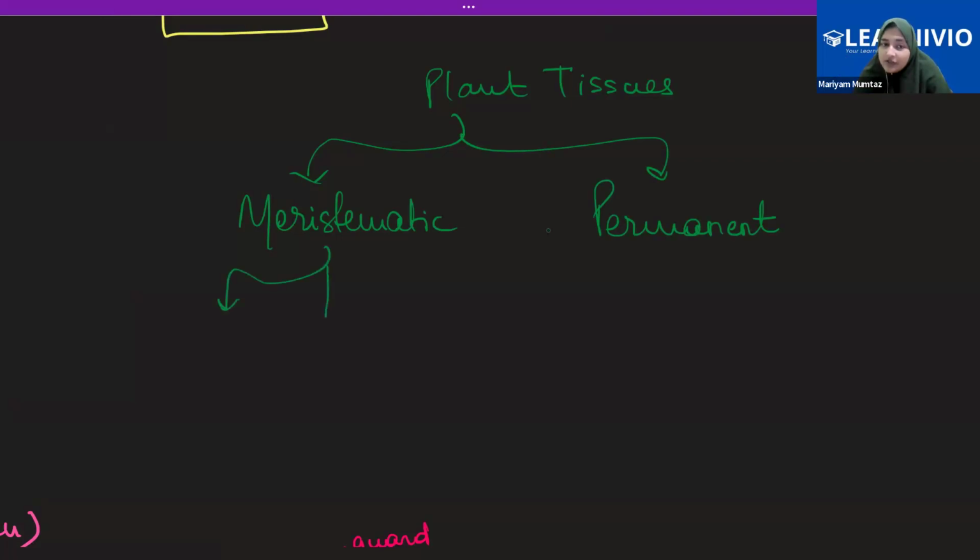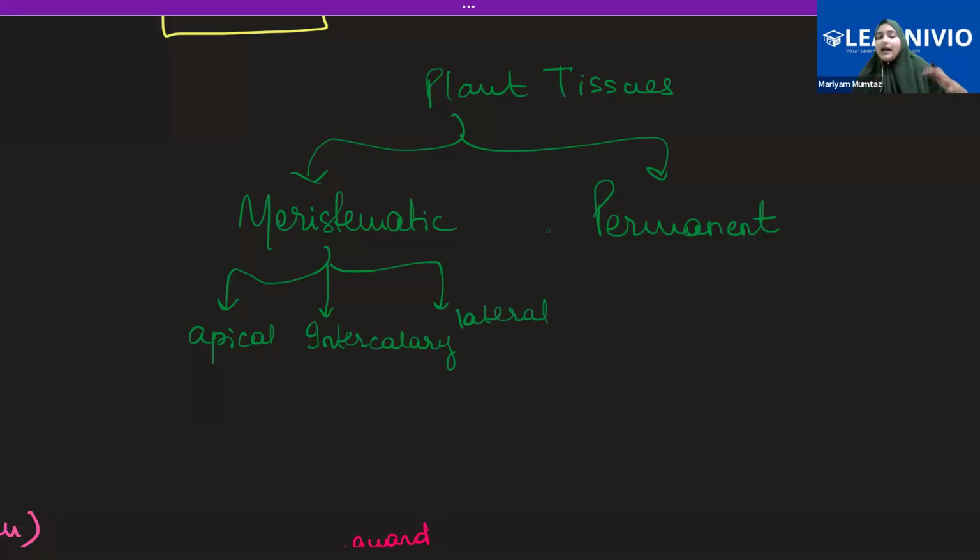Further, meristematic tissue, on the basis of where they are found, is of three types. Apical meristem, if they are found on the apex or the tip portion of any plant part. Then we have intercalary, and lateral meristem, which is found on the sideways.